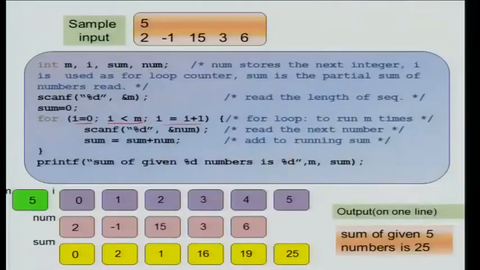The advantage of the for loop, and the reason why for loop becomes so popular among programmers, is that in comparison to the while loop, first of all it's easier to read, because you have all the initialization expression, the update expression, and the test expression all on one line. So you see what the loop is about. The second is that it involves fewer lines of code than the corresponding while loop. Okay, so it is a very popular loop among programmers.